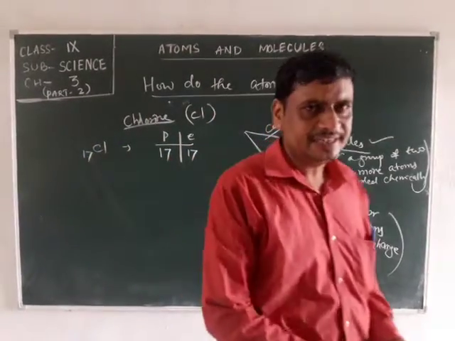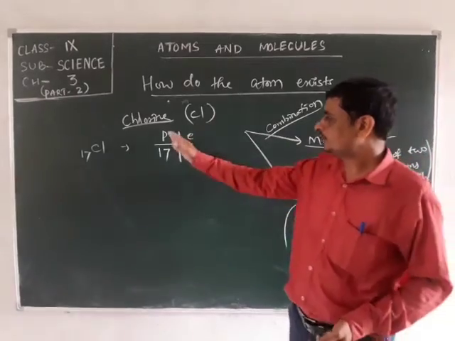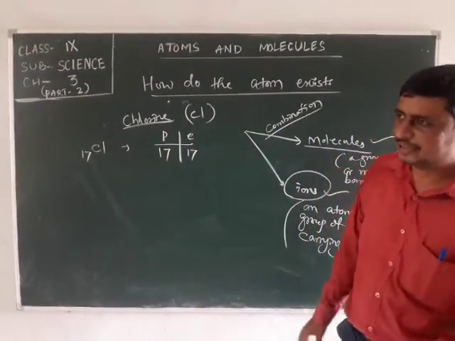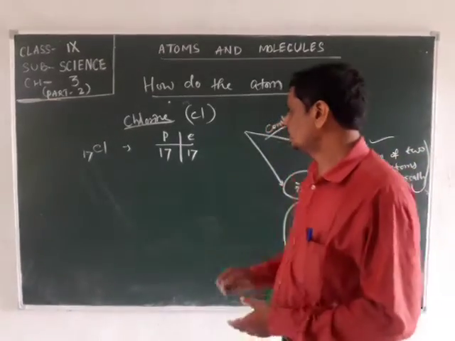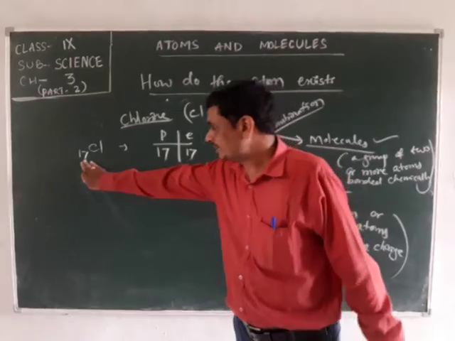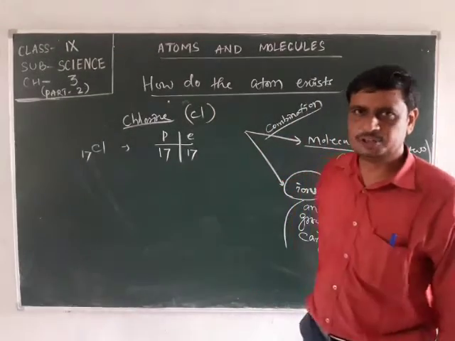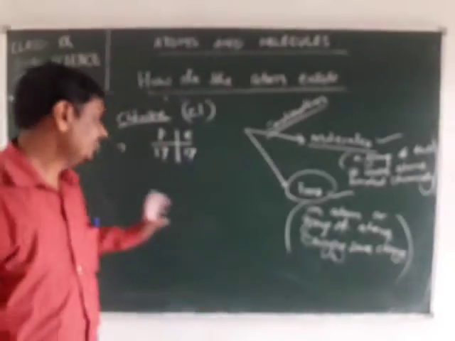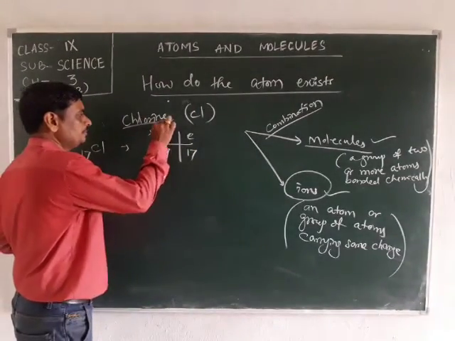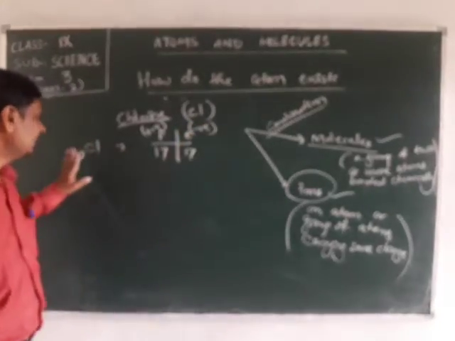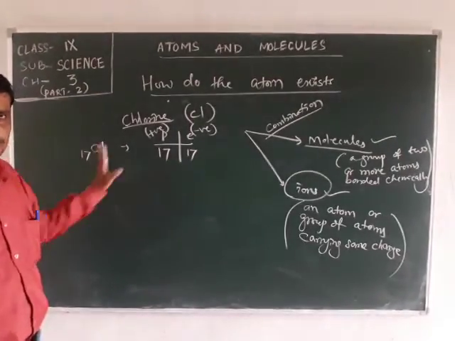For every neutral atom, the number of protons and the number of electrons are always equal. So in the case of chlorine, atomic number 17 means 17 protons are present and the number of electrons is also 17. That's why it has 17 positive charges and 17 negative charges. That's why it is a neutral atom of chlorine.